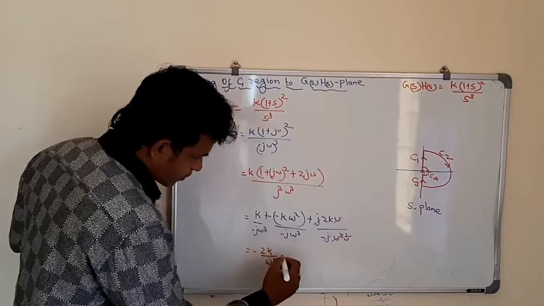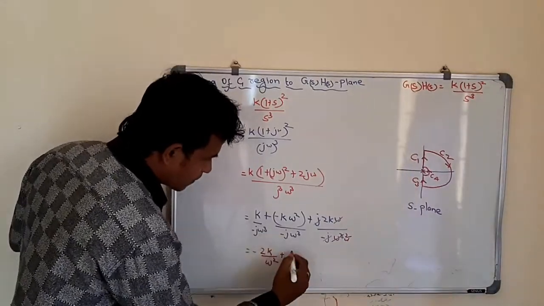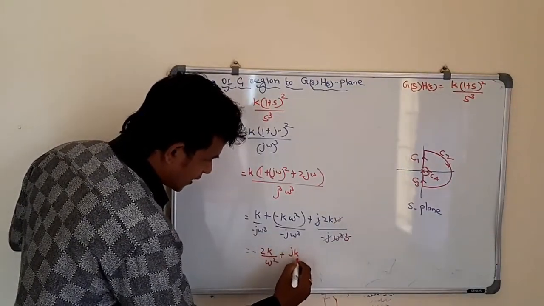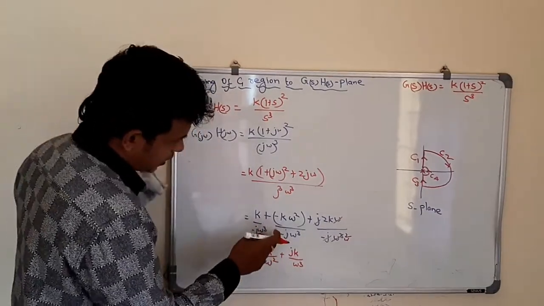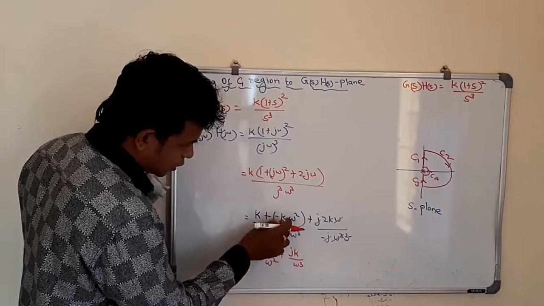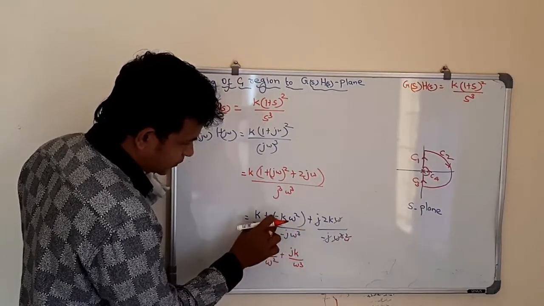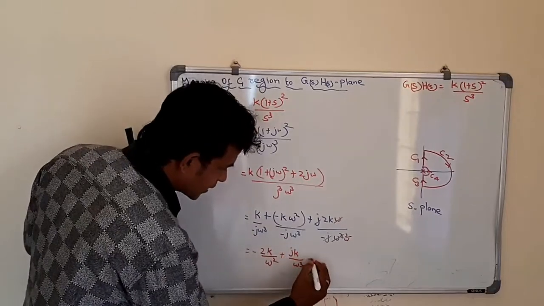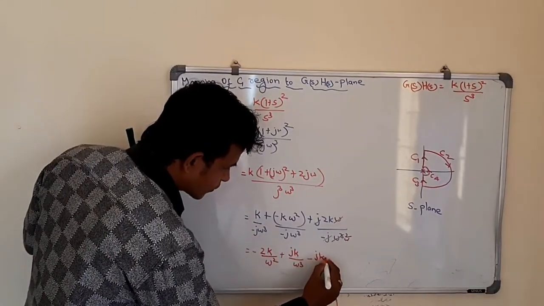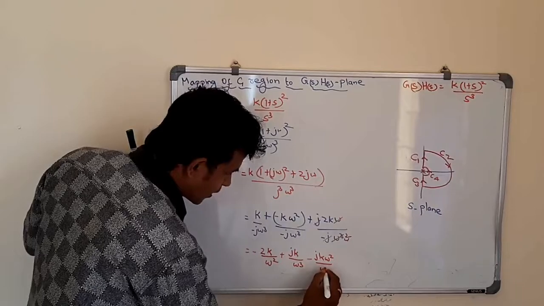So I have here plus jk divided by omega cube, so this term, and when I take this minus into the numerator, it becomes plus j, and here one more negative is there, plus into minus is minus, so minus jk omega square divided by omega cube.